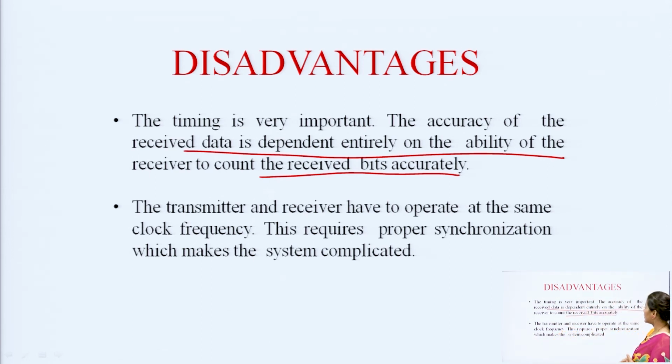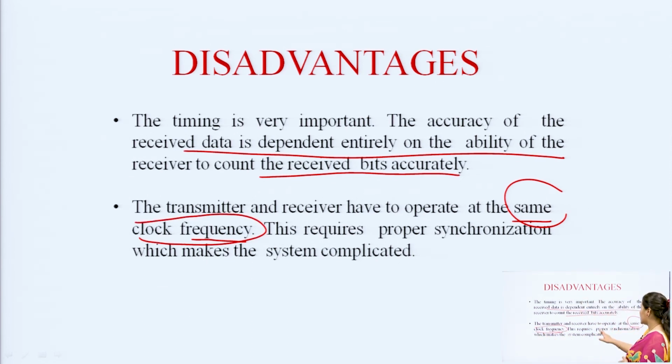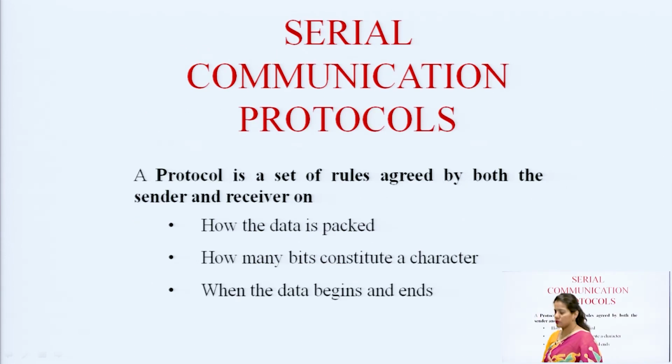The transmitter and the receiver have to operate at the same clock frequency, and this is not an easy task. For this proper synchronization, the system becomes complicated. This is a disadvantage.